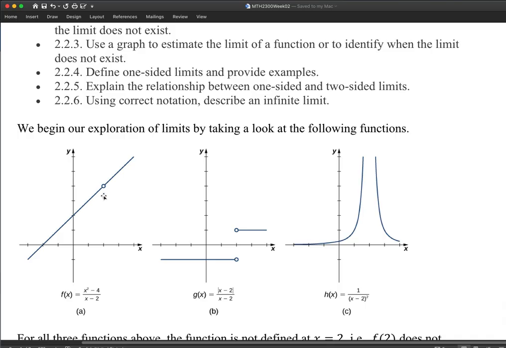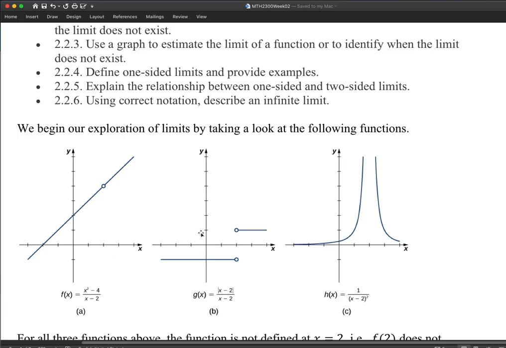Because when you have x approaching a value, x could approach that value from left or right. But in this case, from left or right, they don't make a difference. And overall, I'm seeing the pattern of the function. It is approaching this empty circle with the y value 4 here. So we say the limit as x approaches 2 is 4.